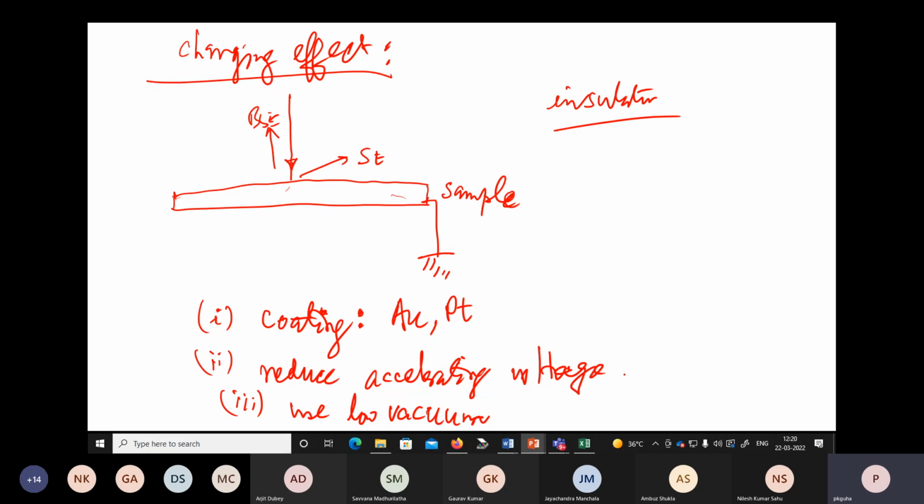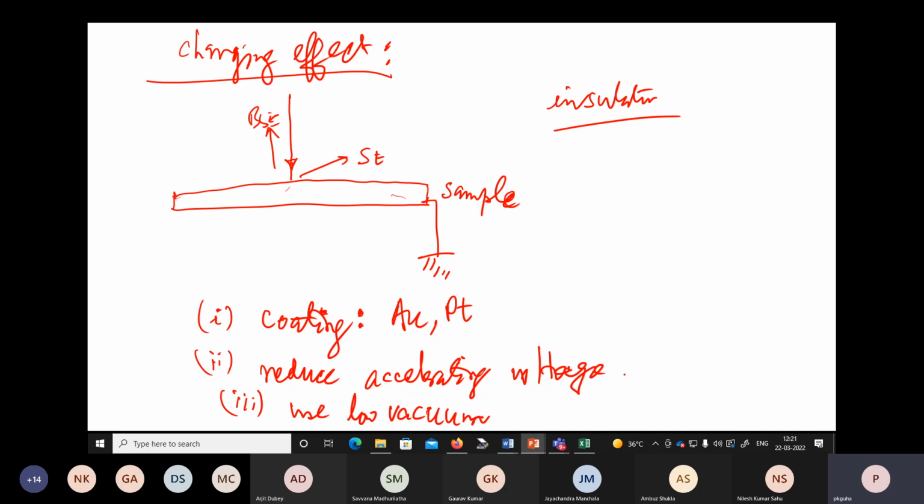The second approach you can do is reduce the accelerating voltage. You remember we use accelerating voltage at the anode so that we can accelerate the electrons coming out from the electron gun. If you reduce the accelerating voltage, the charging effect obviously will be reduced, because the number of electrons coming to the sample will be less, or the velocity of the electrons incident on the sample will be less.